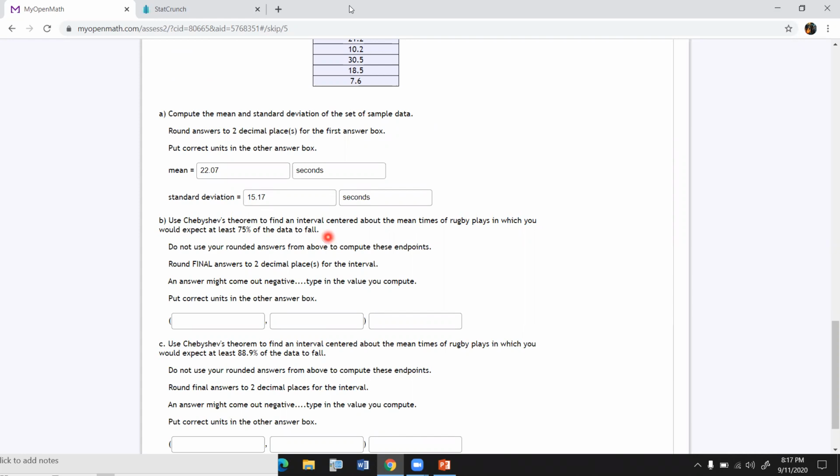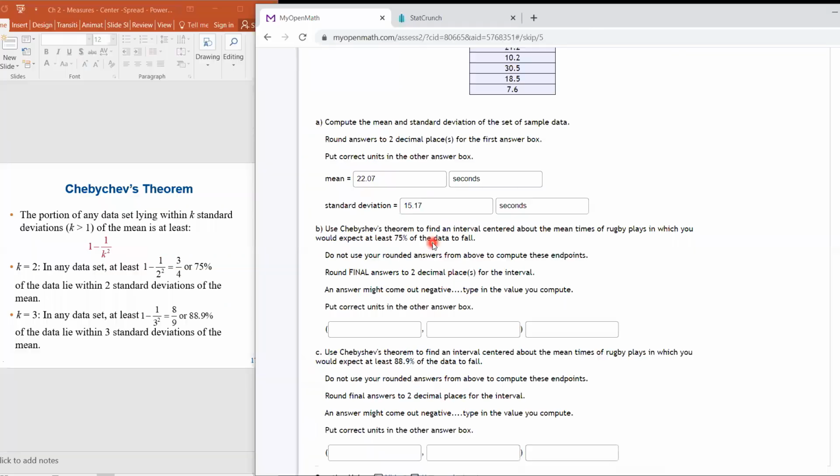So I have the Chebyshev theorem right here. And let's see what this one says. This one says that the portion of any data lying within k standard deviations of the mean is at least this. This is given in general terms, and that's what makes it very challenging.